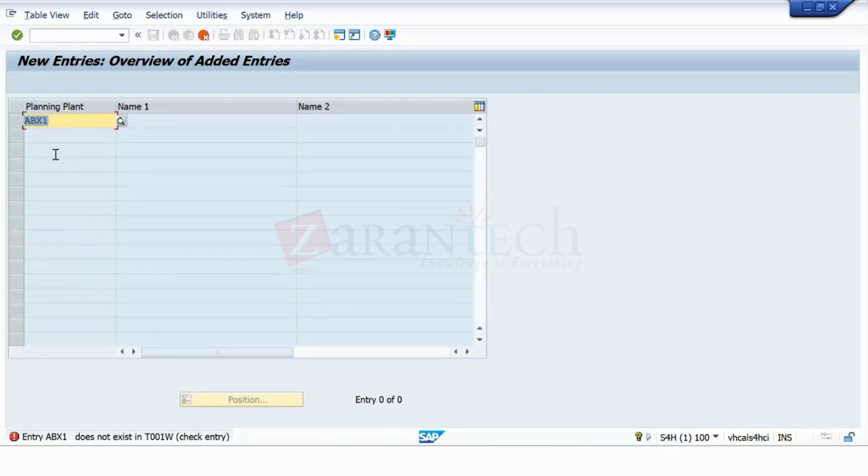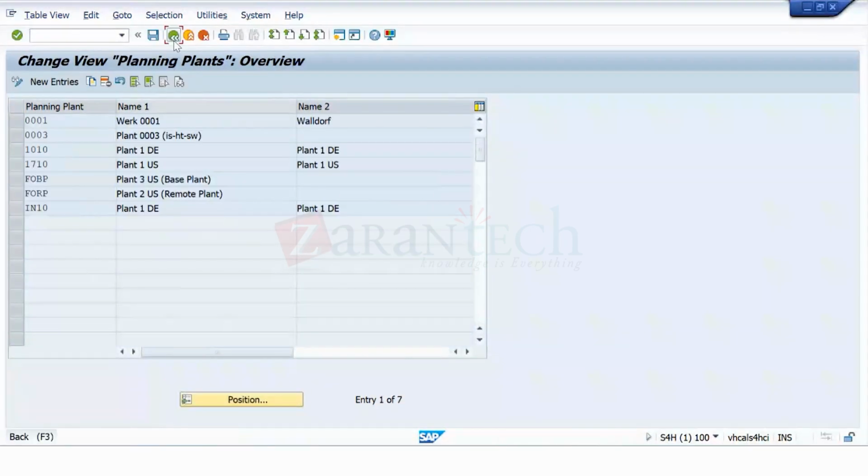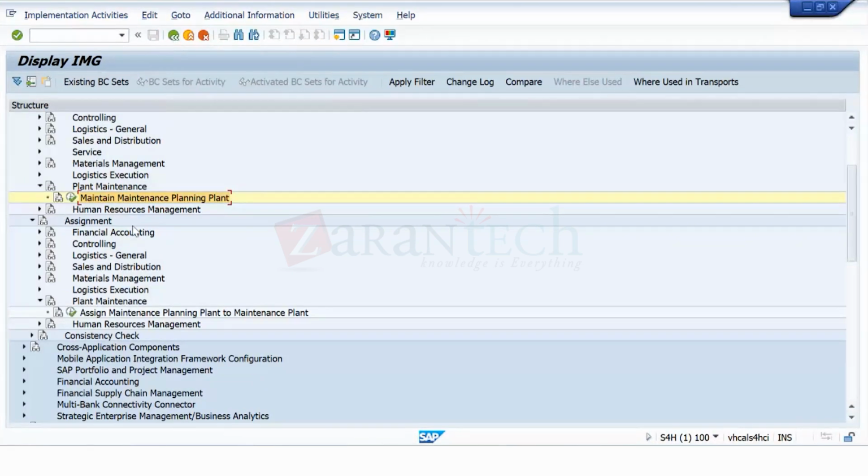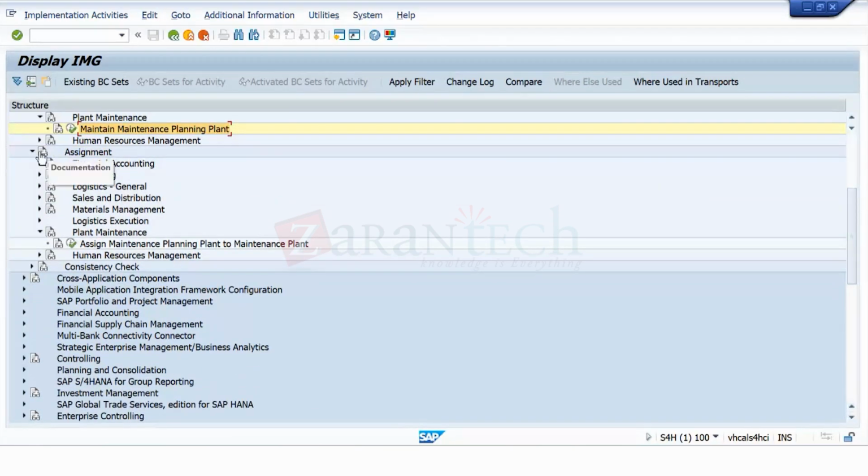If you try to define a new plant which does not exist in the SAP client directory, it will simply give you an error in the configuration itself. Hope you got my point. Plants are created by the materials team at the start, when we are going for the controlling time. Yes, understood. Here we have also learned about the assignment of the maintenance plant to the planning plant.